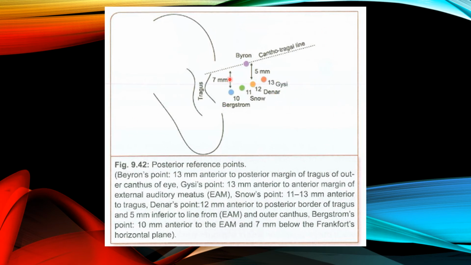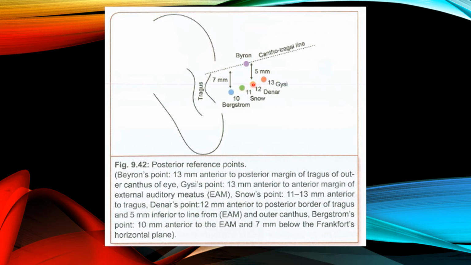Which are they? Bayern's point: 13 mm anterior to the posterior margin of tragus on the line to the outer canthus of the eye. Then Gacy's point, that is 13 mm anterior to the anterior margin of external auditory meatus. Then Snow's point, 11 to 13 mm anterior to the tragus.